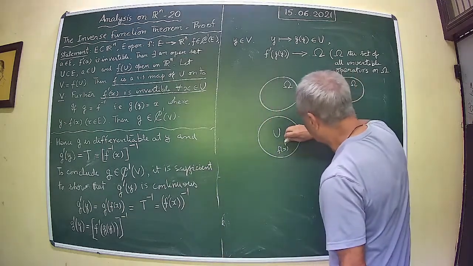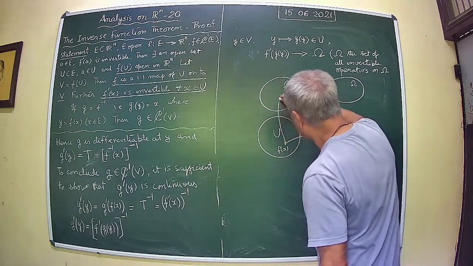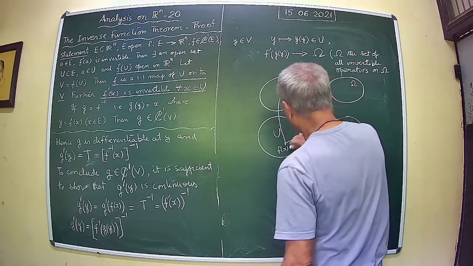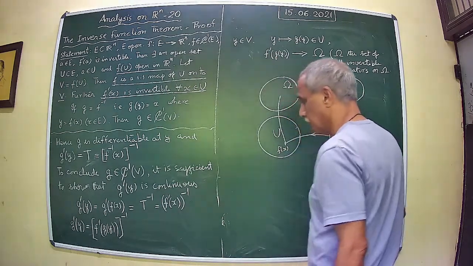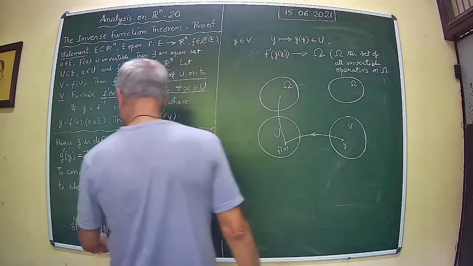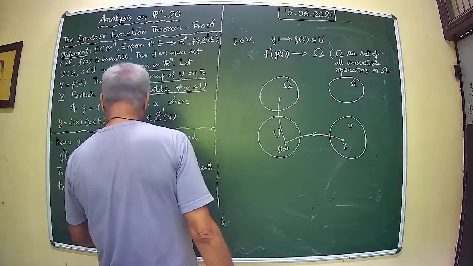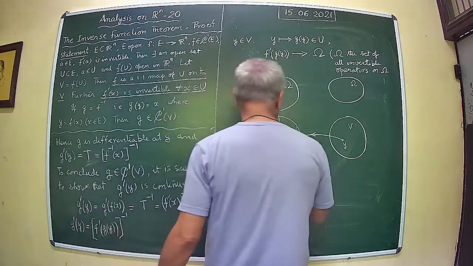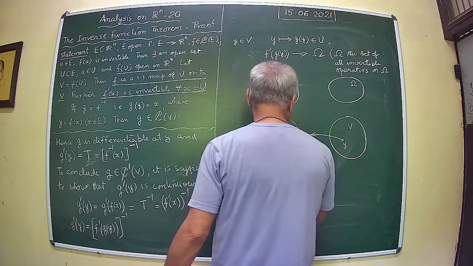Now what you have is that f derivative of x maps f(x) to x.